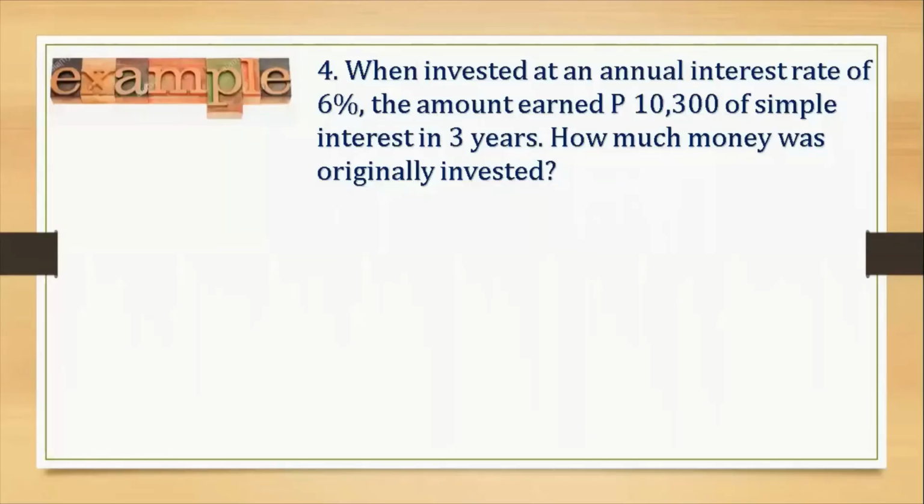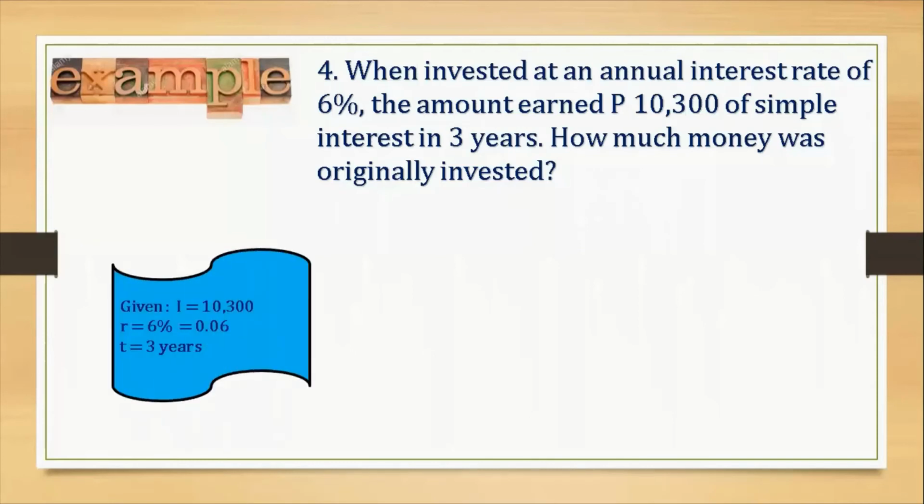For number 4, when invested at an annual interest rate of 6%, the amount earned 10,300 pesos of simple interest in 3 years. How much money was originally invested? So we're looking for the original money being invested. Therefore, the given are the following.